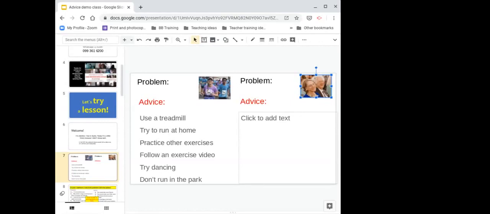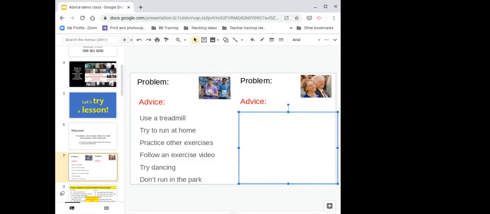My problem is I'm worried about my parents, but I live in Ecuador, so I can't help them. So the problem is I'm worried about my parents. Please give me some advice. What can I do? What can I do for my parents?